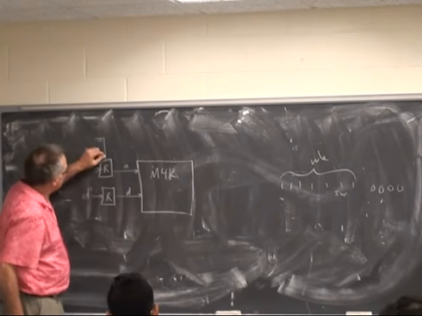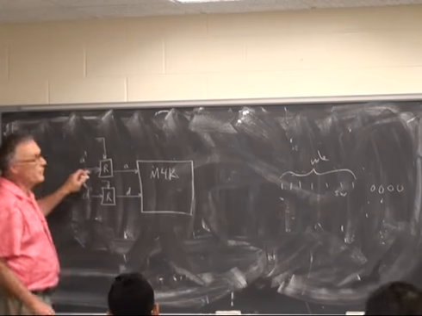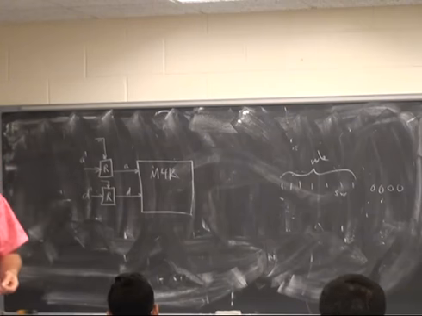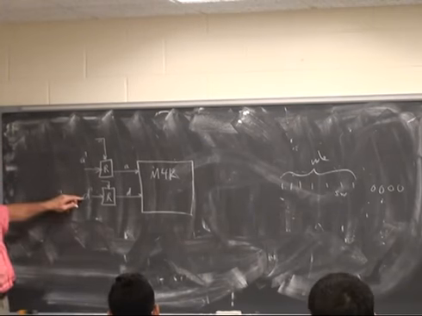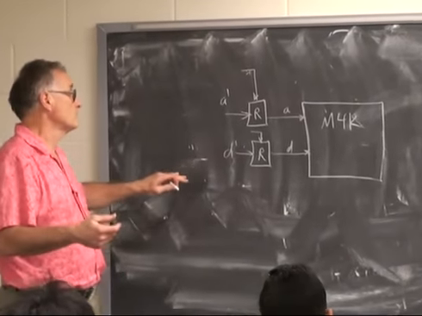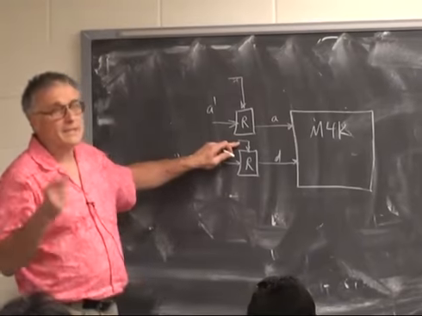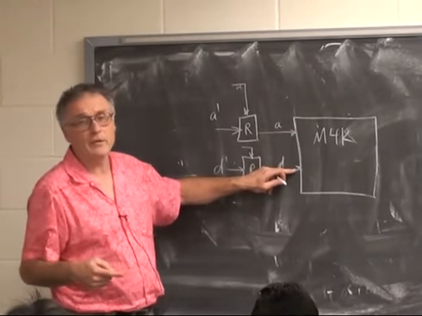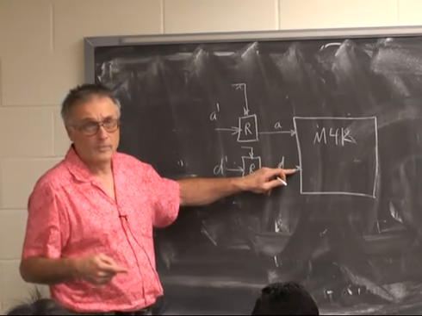So on the clock edge, if you specify an address register value in your design, A prime and D prime, address and data, then on the next clock edge, those are loaded, those become available to the M4K block.